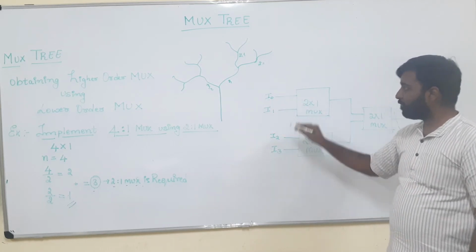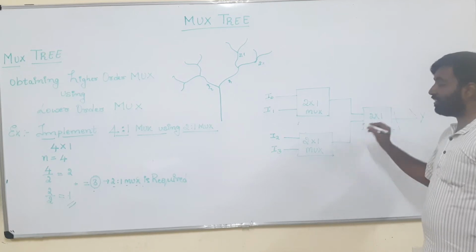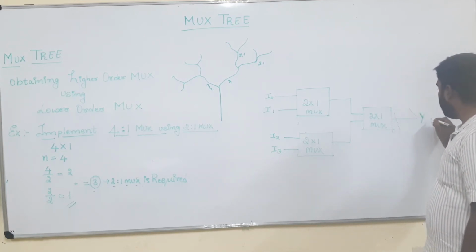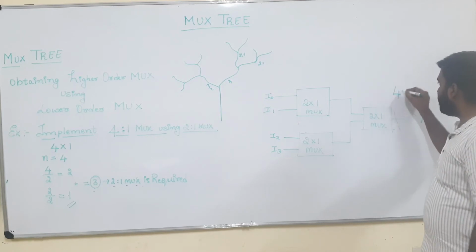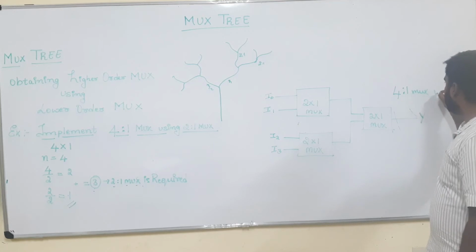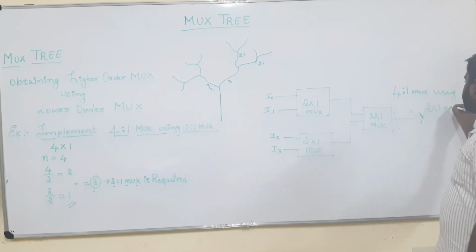Totally I am having 4 inputs here. So here I will take another 2:1 MUX, so that it will produce your final output y. This is your representation of a 4:1 MUX using 2 cross 1 MUX.